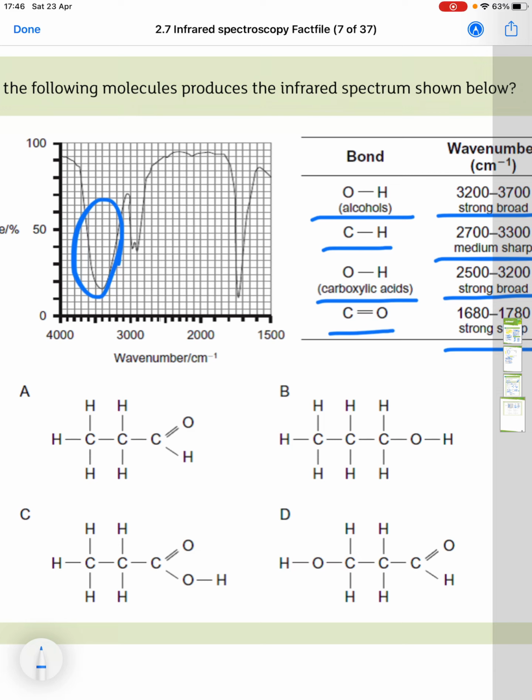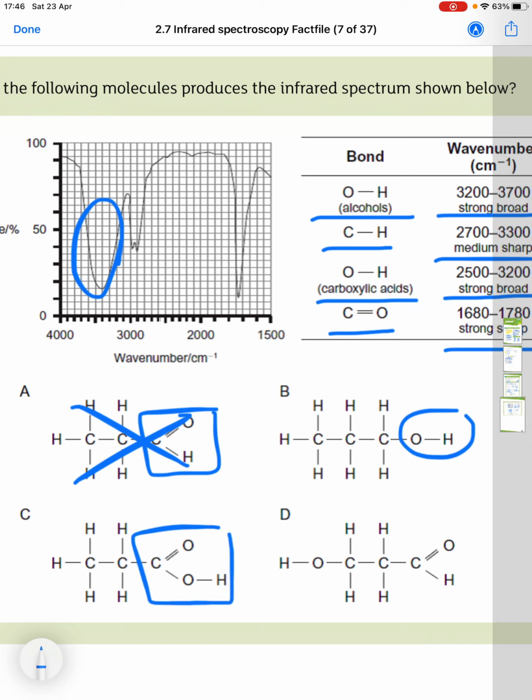So I'm looking to see, is there anything then which has no alcohol in it? So A is just this weird thing, C double bond O with an H, which is not something we've even come across. B has the alcohol group. C has carboxylic acid, and remember that the peak would be at a different place if it was carboxylic acid, so it's not it.